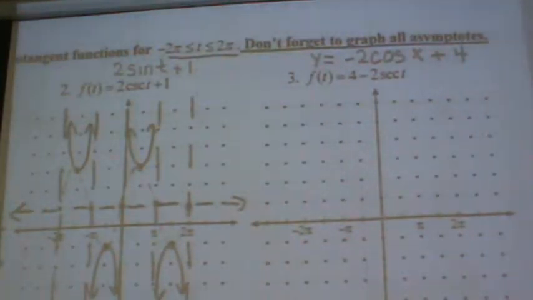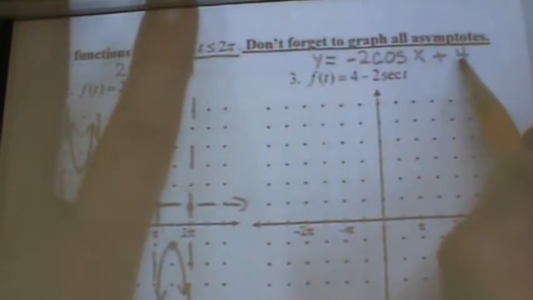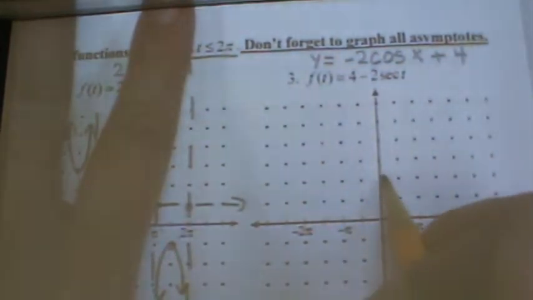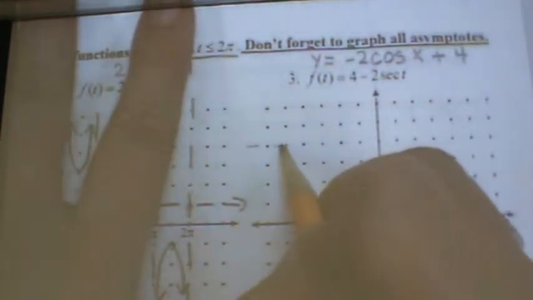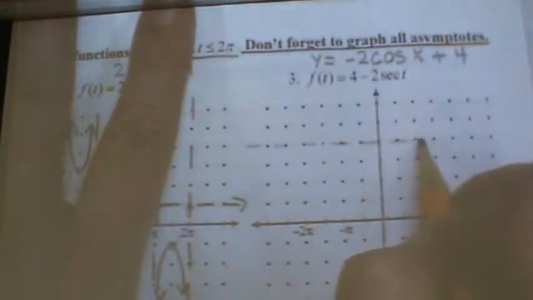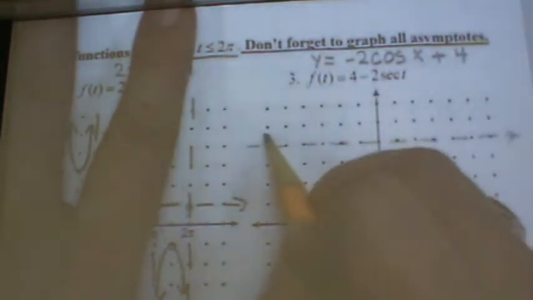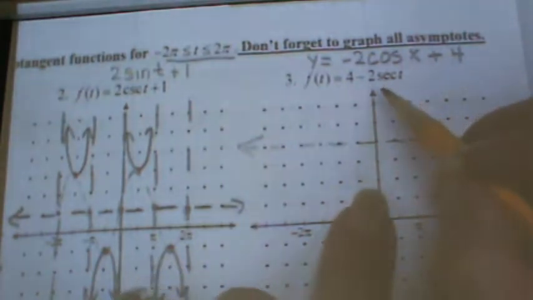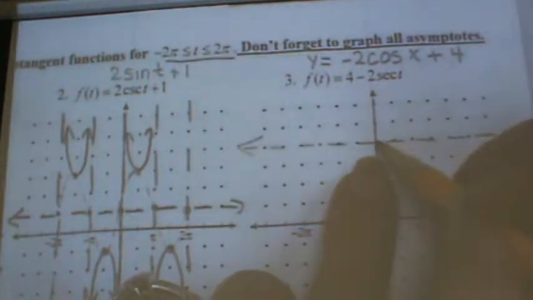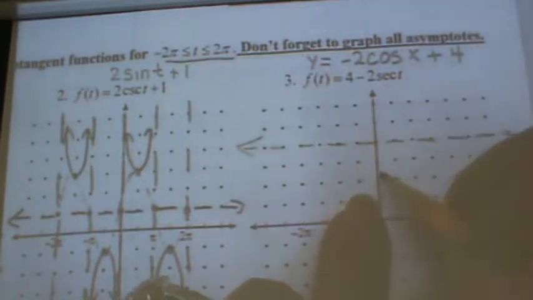Now, how does that 2 cosine x plus 4 look like? What should you do? You're gonna start where? 4 up. Right here. Now, it's an upside down. So instead of starting too high, what do? Too low.